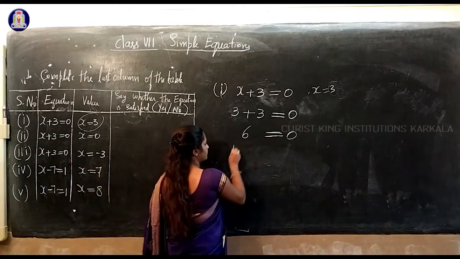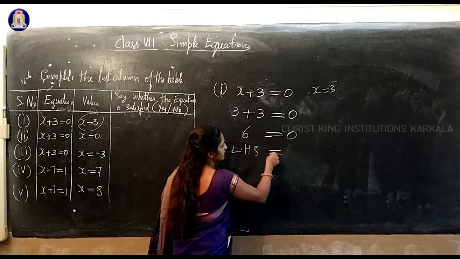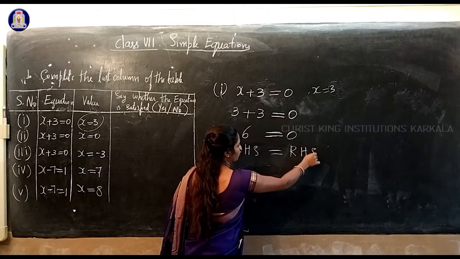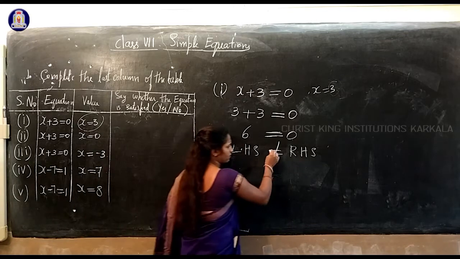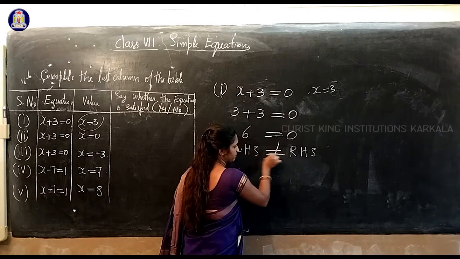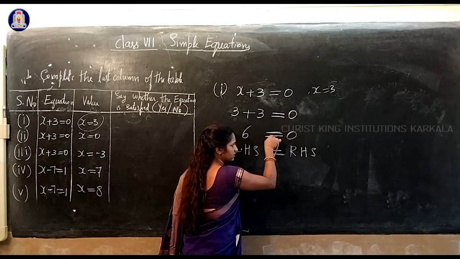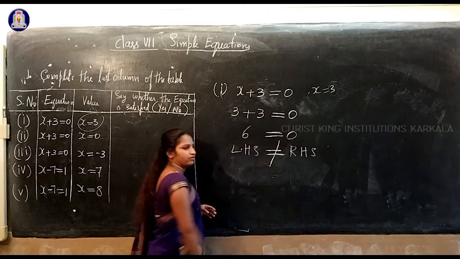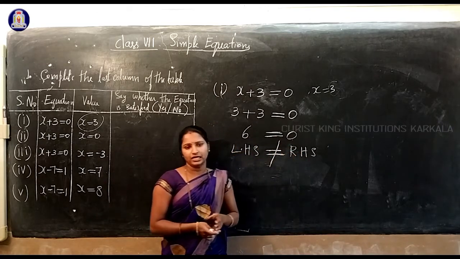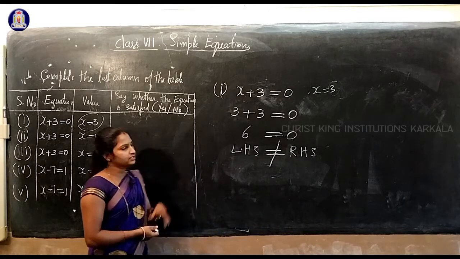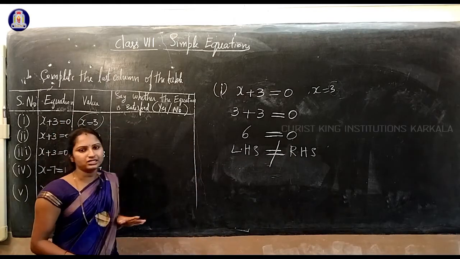So is the left hand side value the same as the right hand side value? No. This is not equal. How do we write not equal in mathematical symbol? See, this is equal, and this is not equal. So the LHS value and RHS value are not equal. Clear? That means this equation is not satisfied.